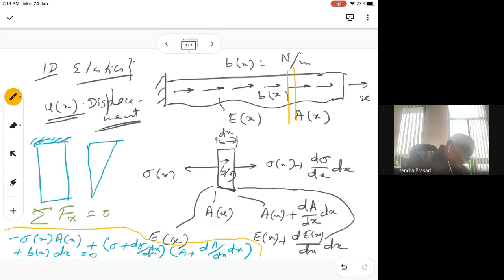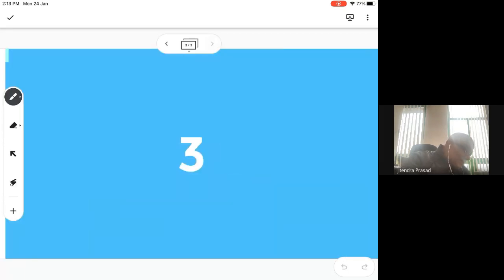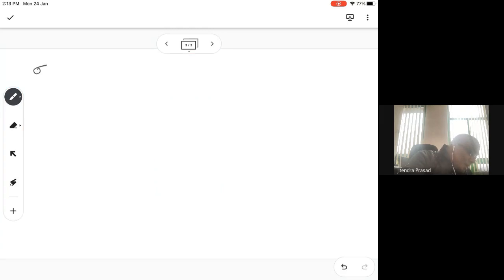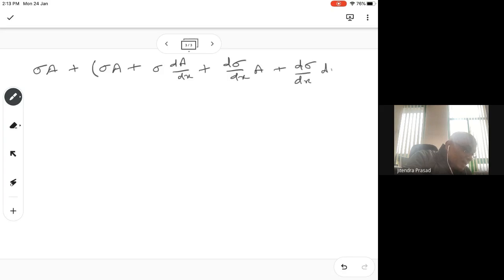And we can expand it. If you expand it, what do you get? So we get sigma times A, then we have sigma times A plus sigma dA over dx plus d sigma over dx A plus d sigma over dx dA over dx.